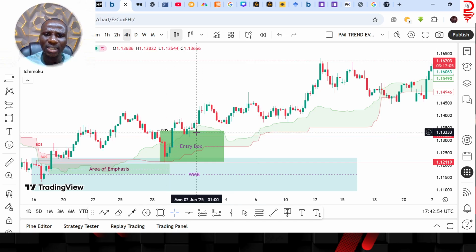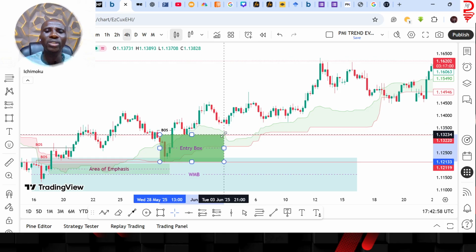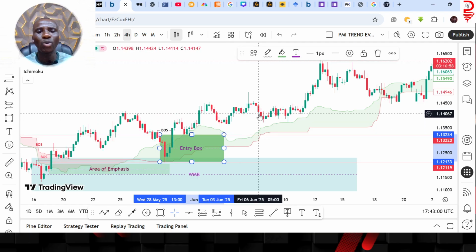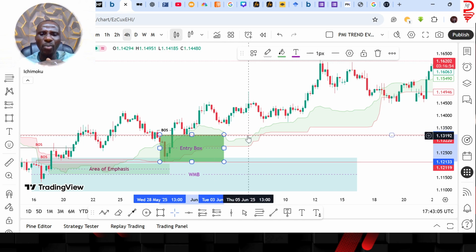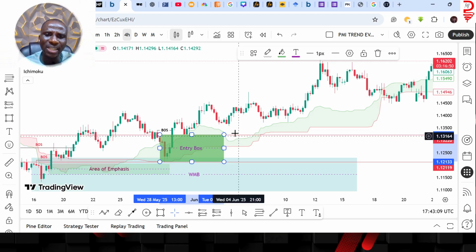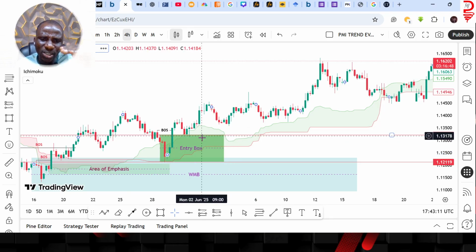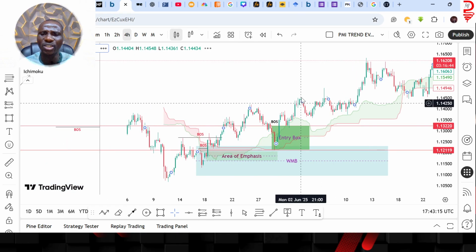This is by choice because this will really affect your risk to reward. If you want to take a risk to reward of 1 to 5, you can enter at the tip of the entry box. But if you want to really take advantage and take a ratio of 1 to 6, you might need to give a clearance back into the entry box before you take your position.